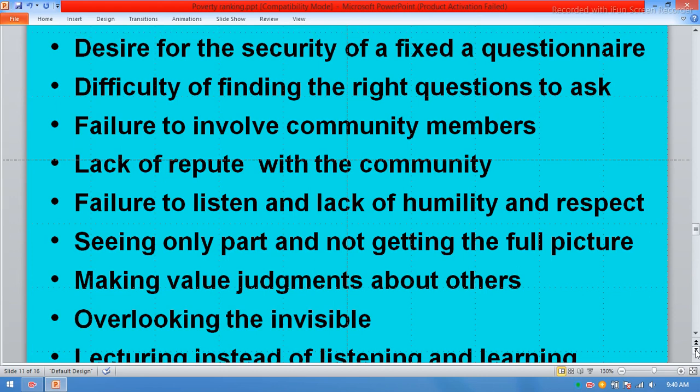Desire for the security of a questionnaire. Difficulty of finding the right question to ask.